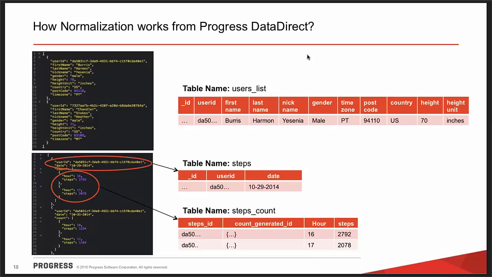So you can see there's a steps table with the attributes at the top level, and then for the embedded document with hours and steps, we create a related table and create a relationship so that you can reliably get all the data out of that document through a BI tool. So it basically creates two tables with a relationship, and you can do a join in your BI tool and do sums and aggregates and get reliable answers out of that, which is really what those BI tools require to have any use out of this data.